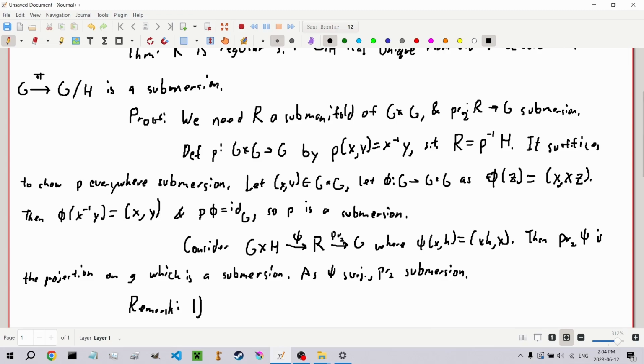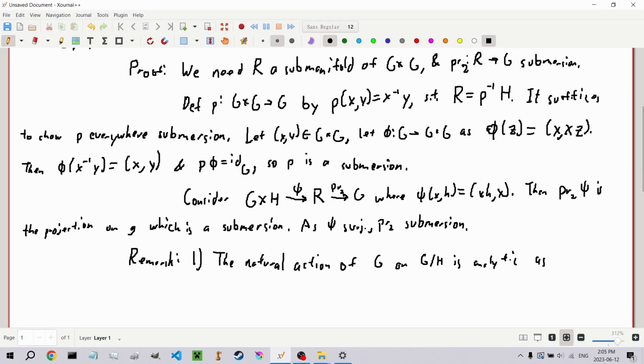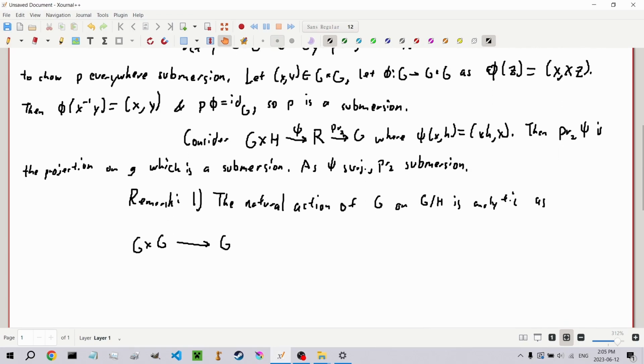First off, we have the natural action of G on G over H is analytic, as we have a diagram that commutes: G times G to G in a typical product.